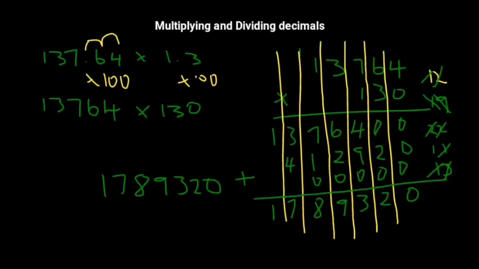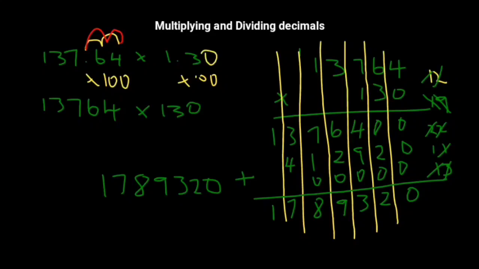So going back to our original equation, we need to count how many decimal places we had. So counting, we had 1, 2, and then remember we multiplied our 1.3 by 100 as well. So for the sake of it, let's put our 0 behind that.